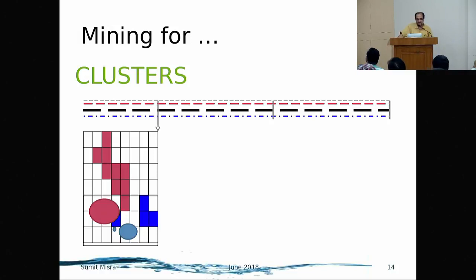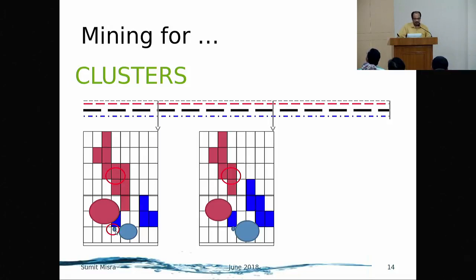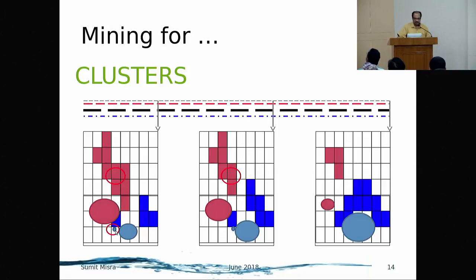Anyway, because of the picture it varies. See this blue, this is an outlier, because this blue is well apart from these blues. So this is an outlier, this one is an outlier, and this small circle is an outlier. But as we go, I'll do all these three.